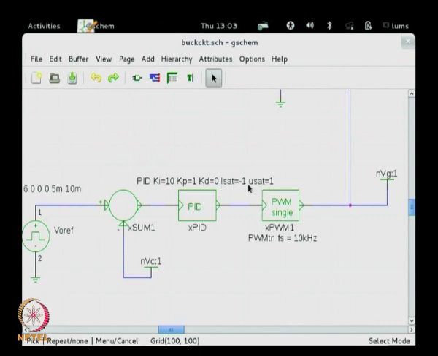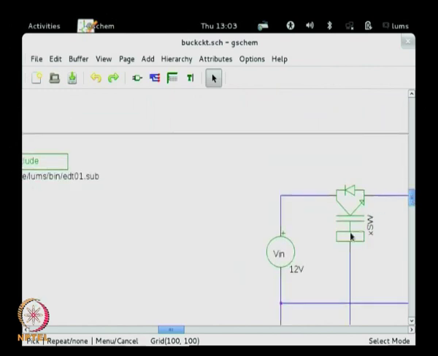It is limited to plus minus 1, lower saturation and upper saturation of the PID. PWM signal is a triangle carrier having minus 1 to plus 1, which has a frequency of 10 kilohertz, Ki 10 and Kp 1 value set, and the output of that goes to the power switch. Okay.